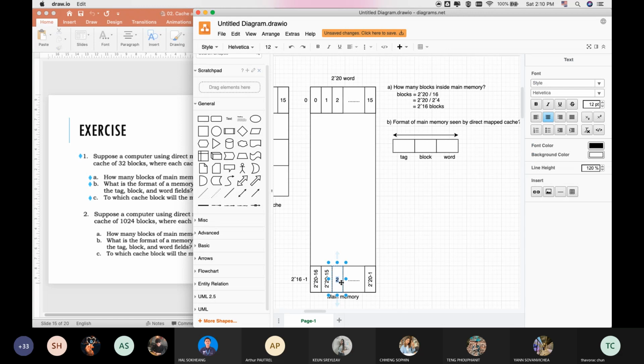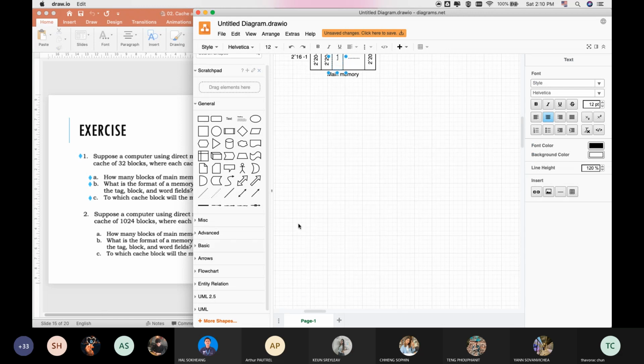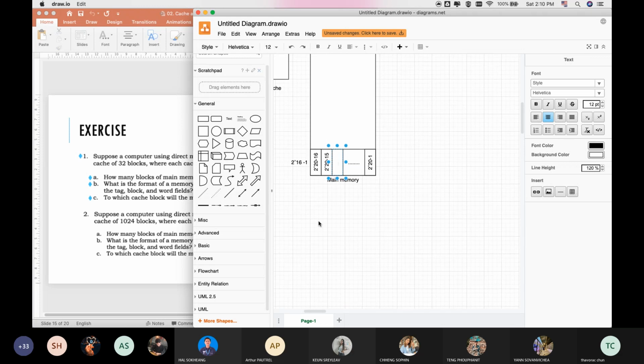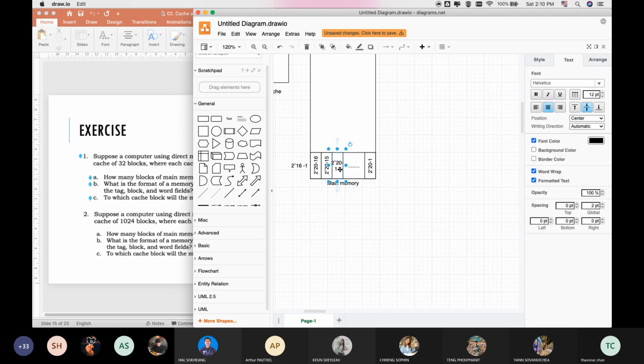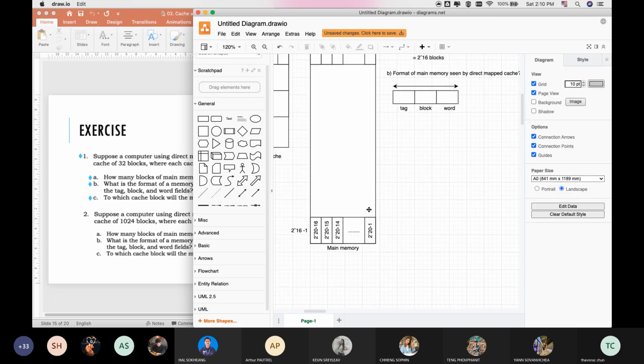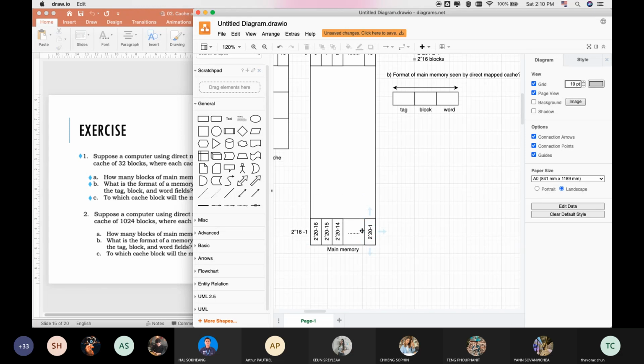And this should be 2 power 20 minus 14. Okay. And the last one is 2 power 20 minus 1.